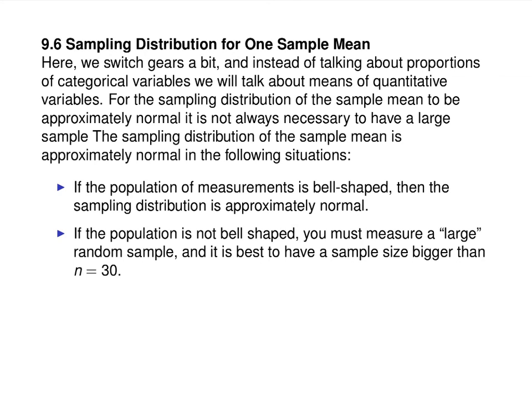The sampling distribution of the sample mean is approximately normal in the following situations. The first situation is if the population of measurements is bell-shaped, then the sampling distribution is approximately normal. And if the population is not bell-shaped, you just have to take a large random sample. Our book defines large arbitrarily as having a sample size bigger than 30.